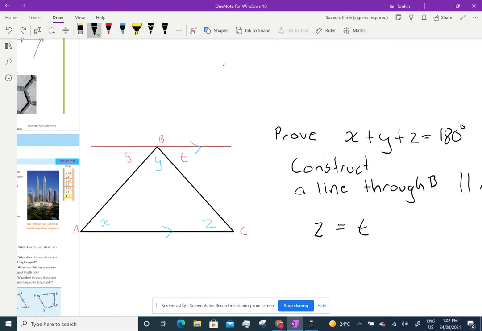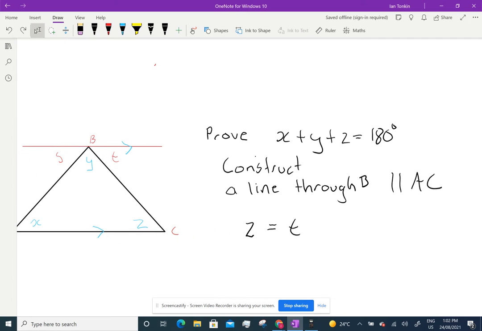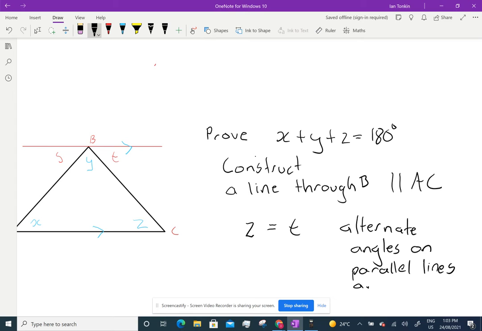So Z equals T, alternate angles on parallel lines are equal.